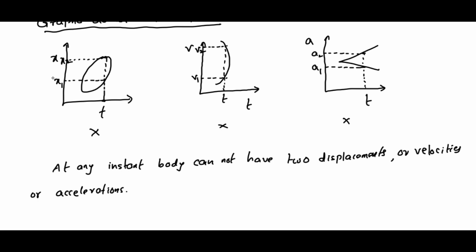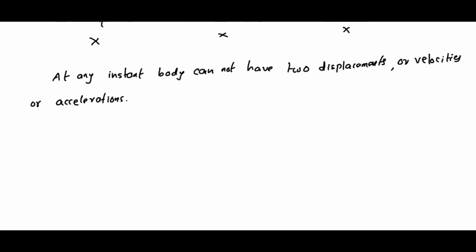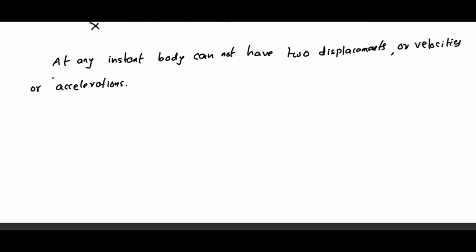We'll come to one more set. Here I am taking the graph speed versus time. Suppose the graph is like this. This type of graph won't exist.